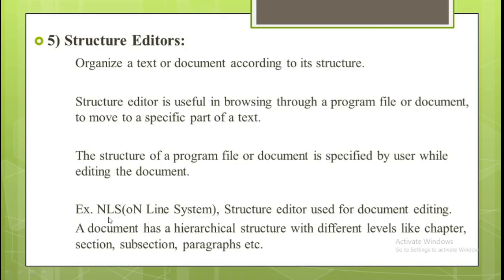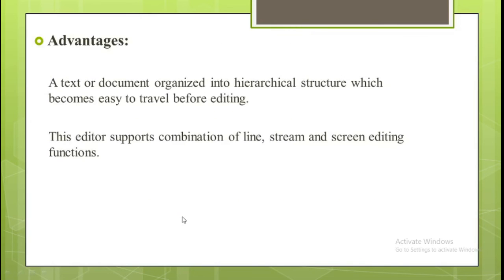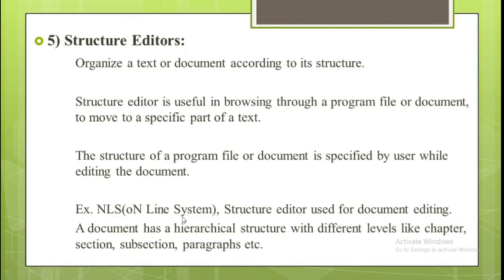For example, NLS, that is oN-Line System, is a structure editor which is used for document editing. A document has a hierarchical structure with different levels like chapter, section, subsection, paragraphs, etc. The user can travel to a specific part of the document by specifying its chapter, section, or subsection address.